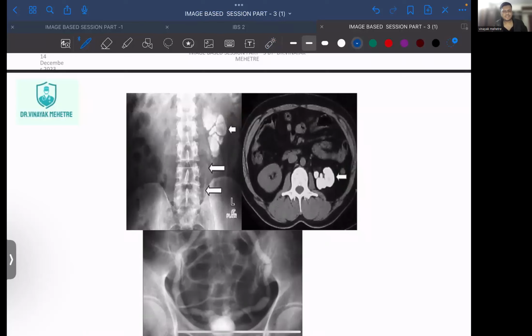If I will write down the name, everybody will answer this. This is called as putty kidney or cemented kidney. ये भी तो पढ़ाया था मैंने. TB. TB.